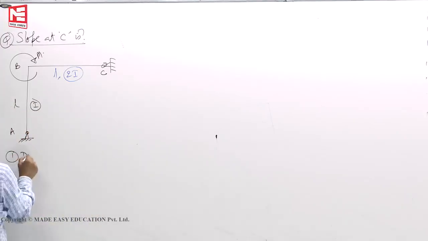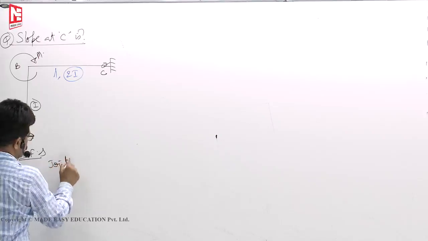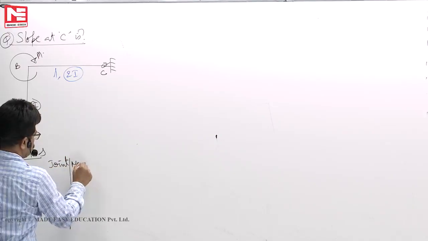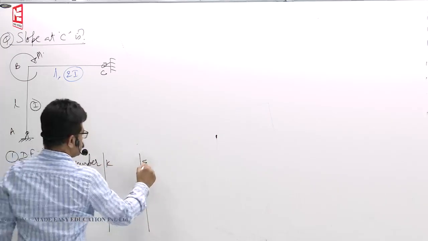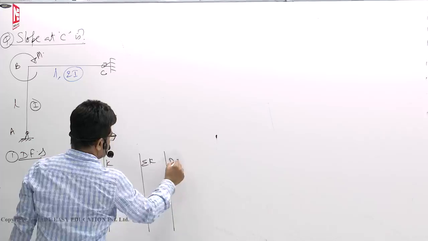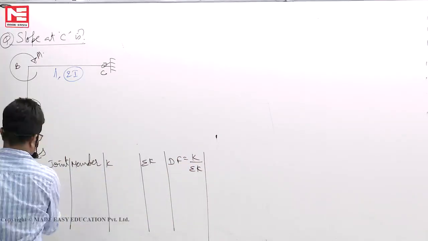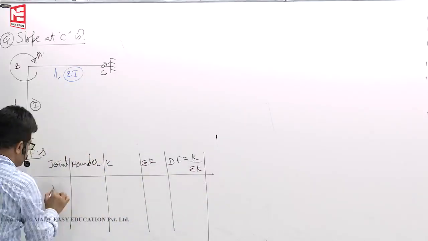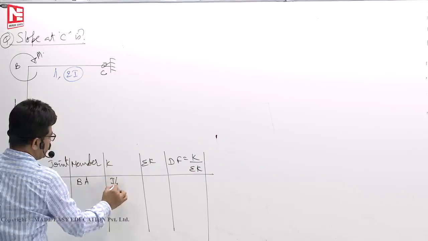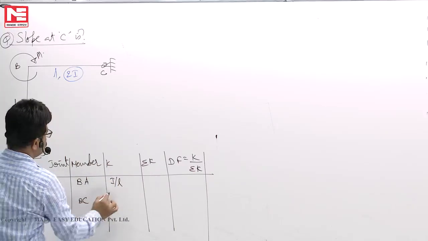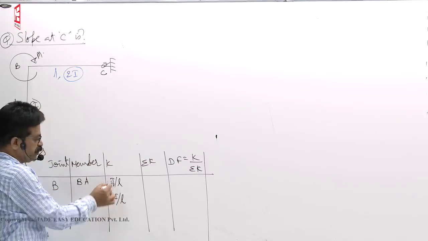See the distribution factors. How do they change? Joint, member, K, sigma K. Distribution factors are K by sigma K. So at joint B, member BA has K equal to I by L, and member BC has 2I by L. What is the sum?